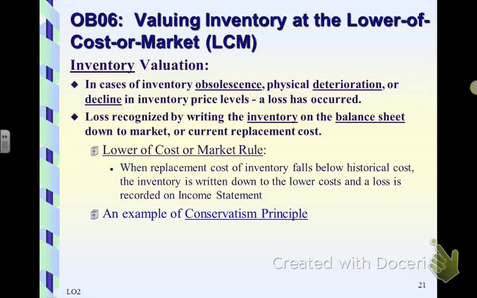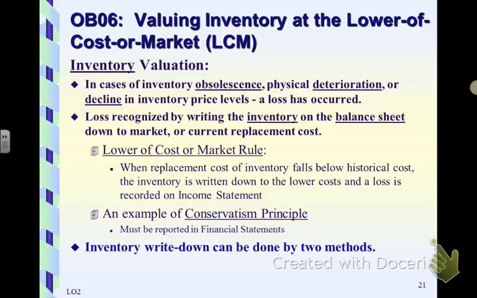I could put it on clearance at $105 and I'm still squeaking a little bit of gross margin out of it. Doesn't mean I'm covering my operating costs with it, but I'm still getting a little gross margin. It's when I can't even sell it for $100, when I'm buying replacement stuff at lower than that $100, that's when I take the loss.